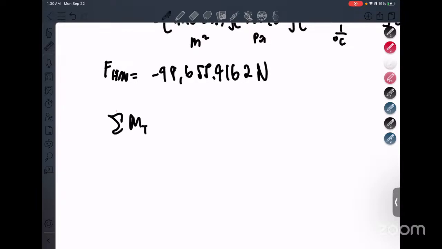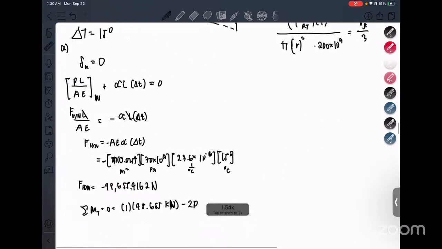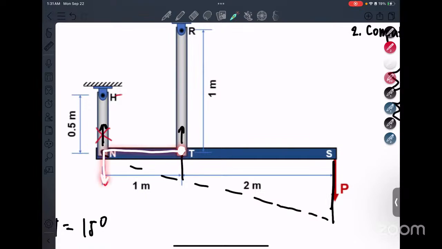M E is equal to 0 is equal to 1 times 48.655 kilonewtons. So just converting it from newtons to kilonewtons. Minus 2P. Just so everyone can follow, start here. This is counterclockwise, therefore positive.